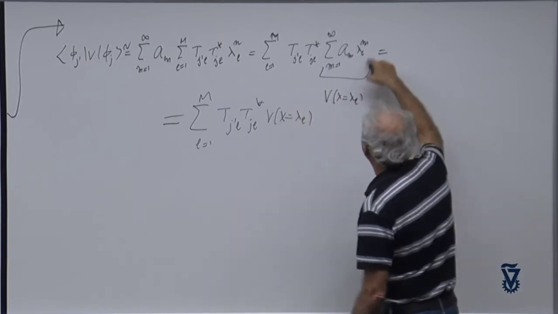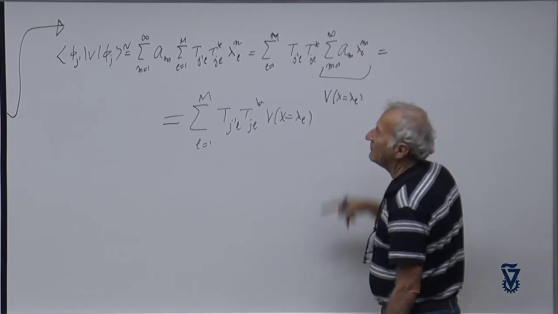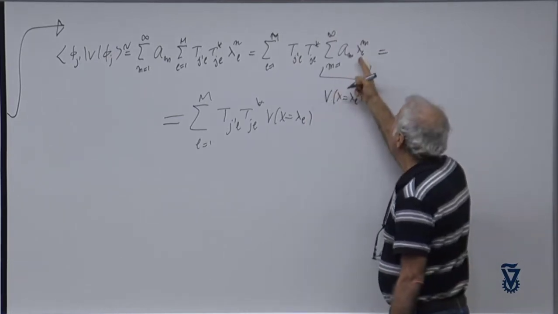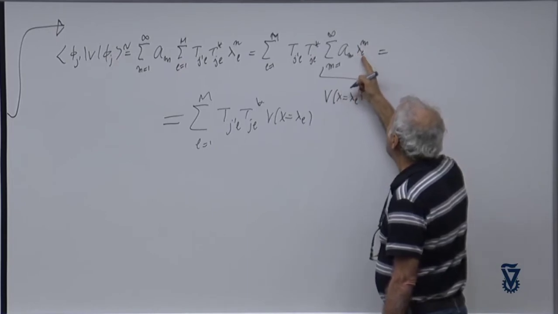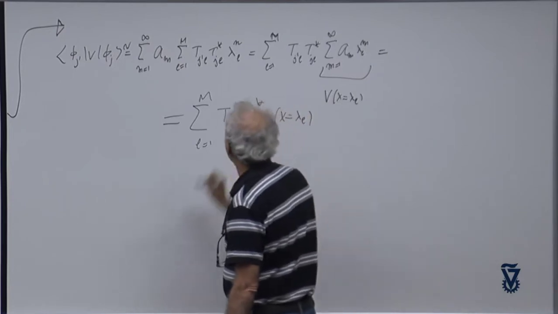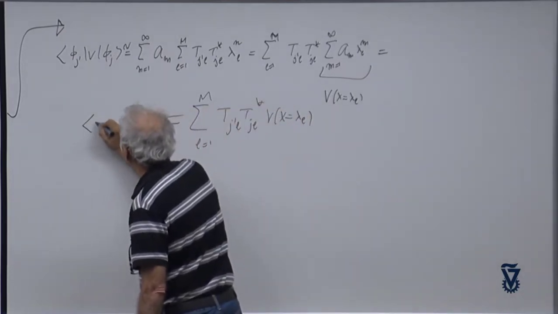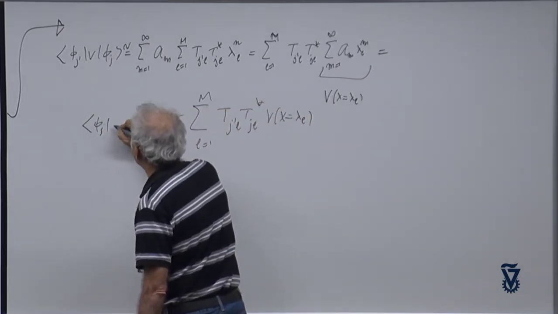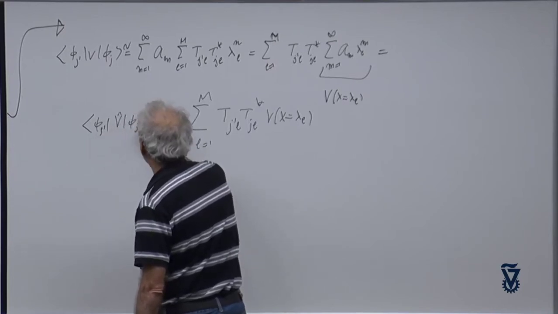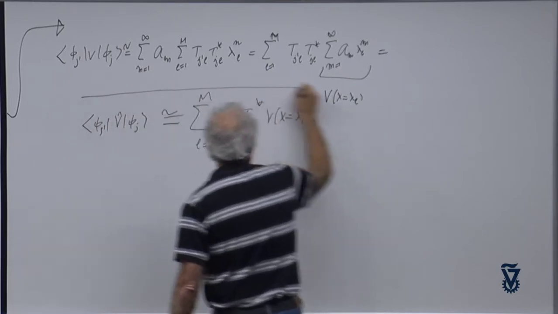I repeat, this is the expansion of the potential when we substitute, instead of the variable x, the number λ_L. So this is what we got in the end, and therefore φ_j' V φ_j is about equal to this.